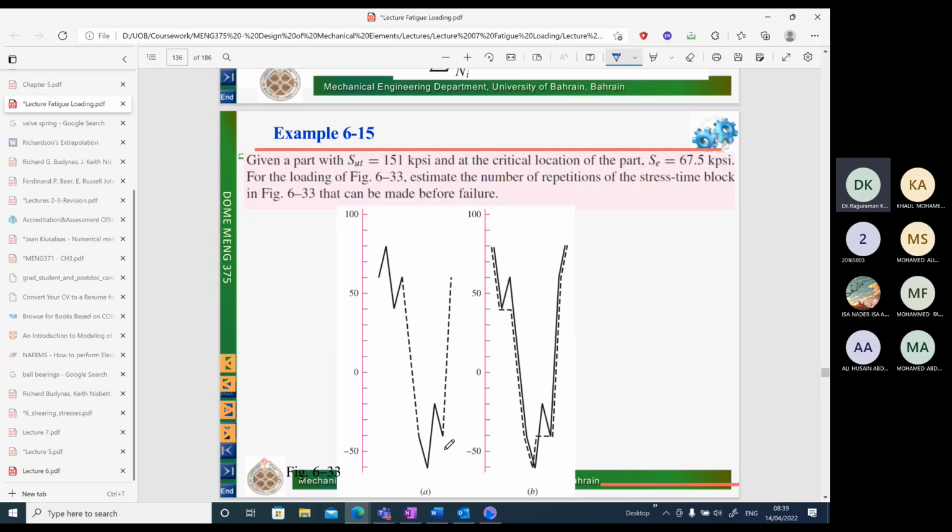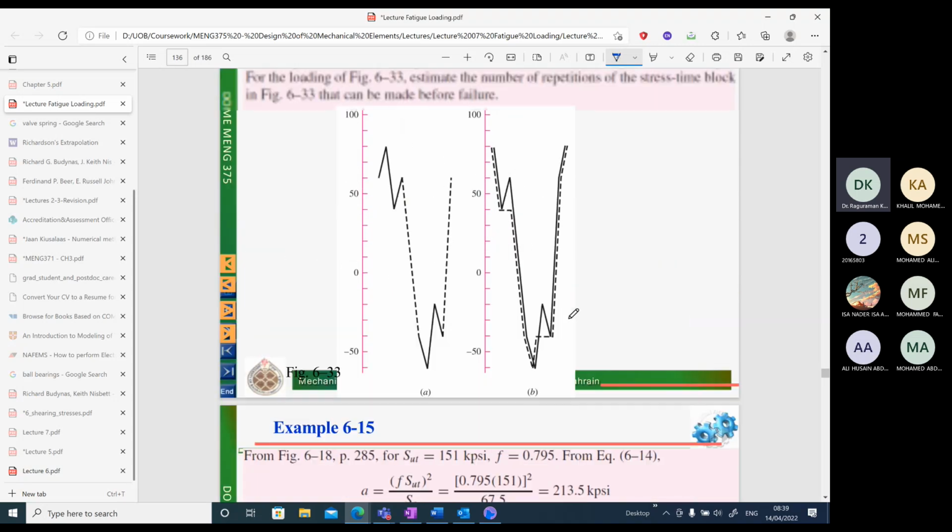First this load, second this load, again the first load and this load. This is what they have found through instruments. This is the load being applied onto the component. Given a part with SUT value equal to 151 kpsi and SE value fully realized, SC value also given, estimate the number of repetitions of the stress time block, this and this together, that you can apply before failure.